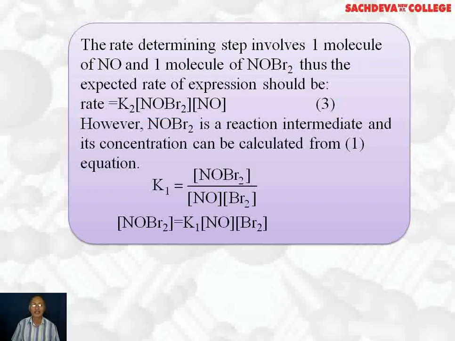However, NO-Br₂ is a reaction intermediate and its concentration can be calculated from the first equation. K1, which is the equilibrium constant, is equal to the molar concentration of NO-Br₂ divided by the molar concentration of NO into the molar concentration of Br₂. From here we get the molar concentration of NO-Br₂ equal to K1 into NO into Br₂.